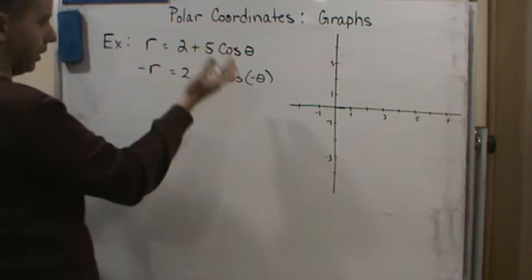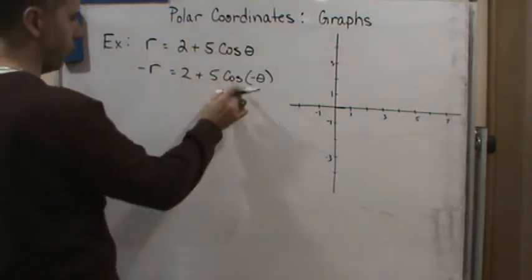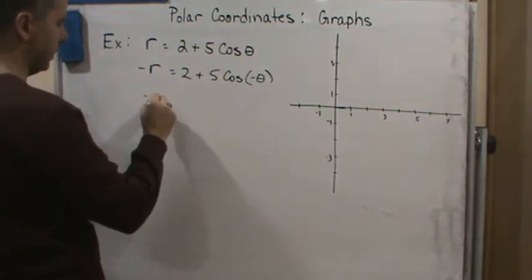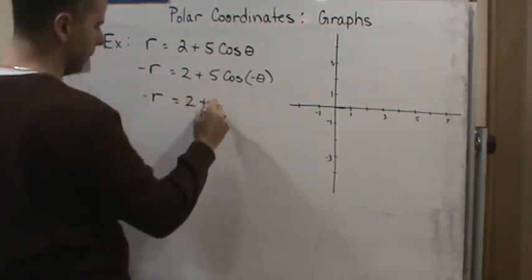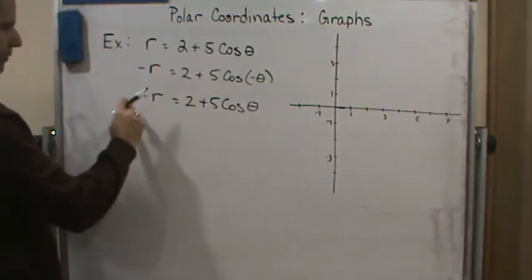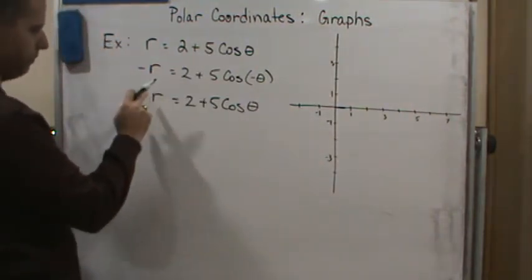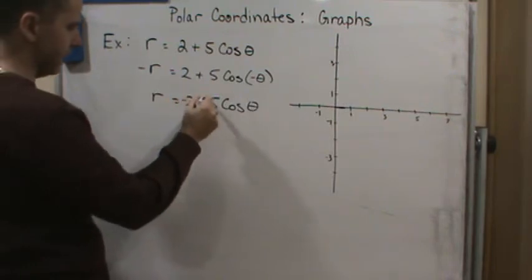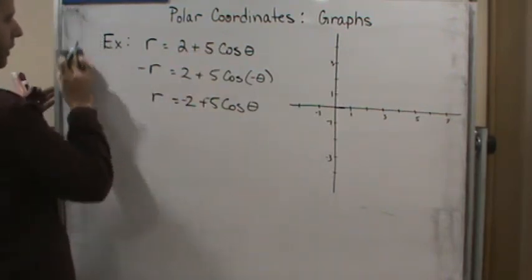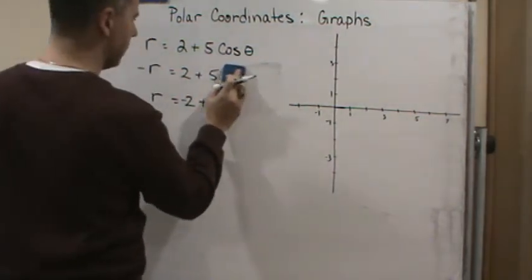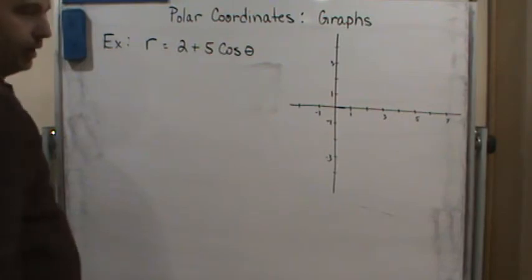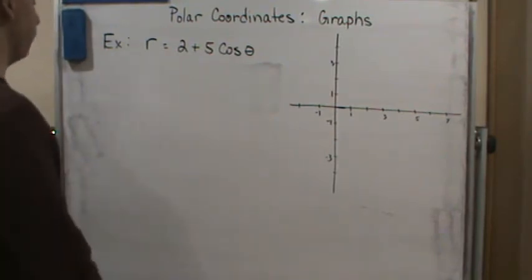Cosine is an even function, so cosine of negative theta is the same as cosine theta. So we get negative r equals 2 plus 5 cosine theta. If you multiply by negative 1 on both sides, you get negative, negative, and obviously it's not the same. So it fails the test for symmetry for theta equal to pi over 2.